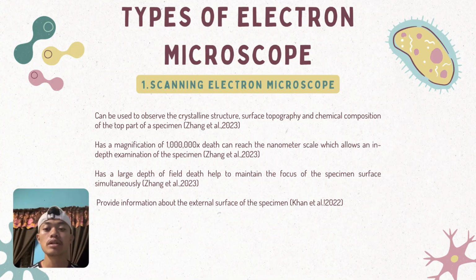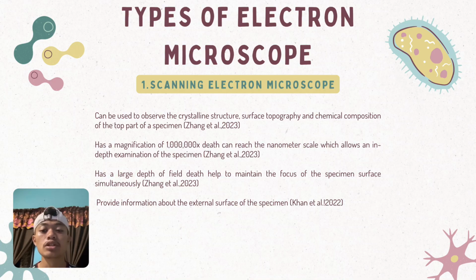After that, I will explain the first type of electron microscope, which is the scanning electron microscope, or SEM. SEM is mainly used to examine the surface of a specimen. It provides detailed information about surface topography, crystalline structure, and chemical composition.